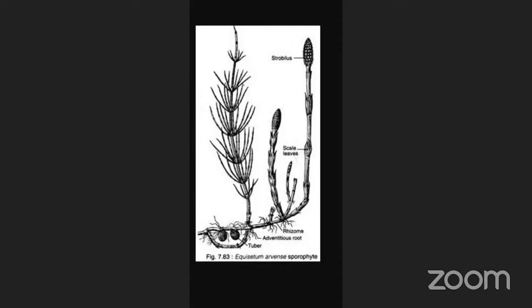The rhizomatous stem grows horizontally, sometimes penetrating up to a depth of 1 meter under the soil surface. The stem shows nodes and internodes. At each node, scale-like leaves are present.